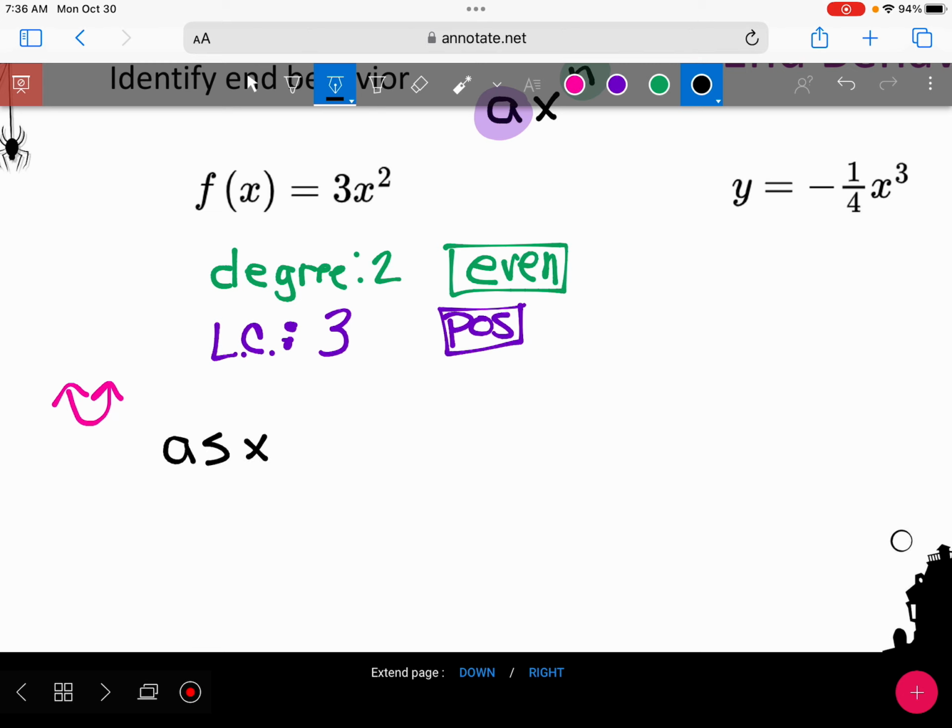As x approaches negative infinity, y approaches positive infinity. And as x approaches positive infinity, y approaches positive infinity.